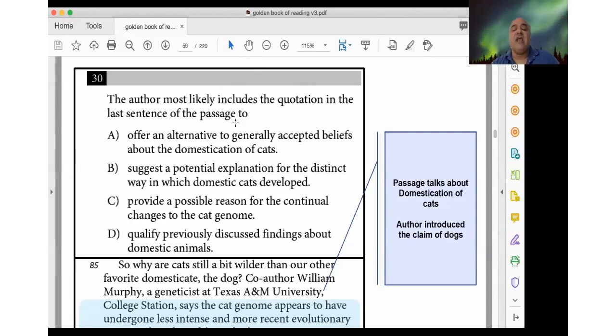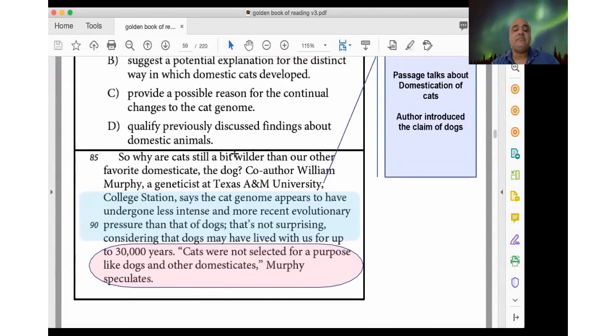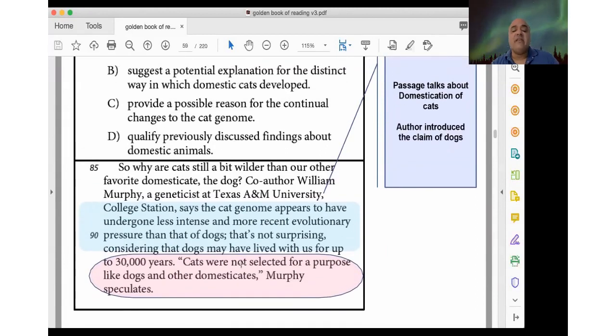So there is a quotation in the last sentence of the passage with a new claim introduced from outside the passage. Let us see it here. The quotation says, cats were not selected for a purpose like dogs and other domesticates.